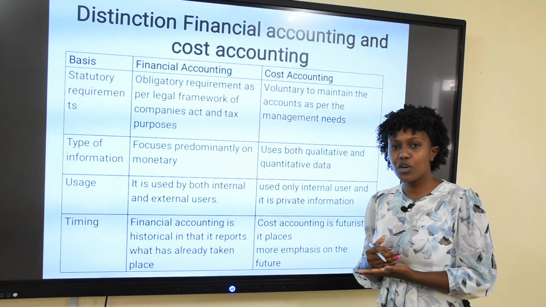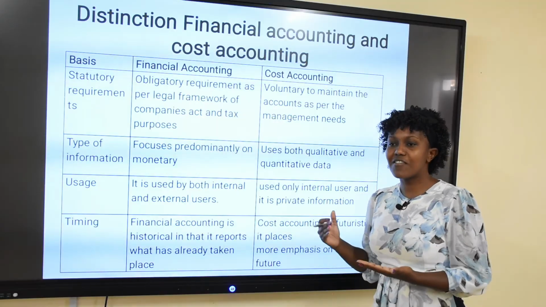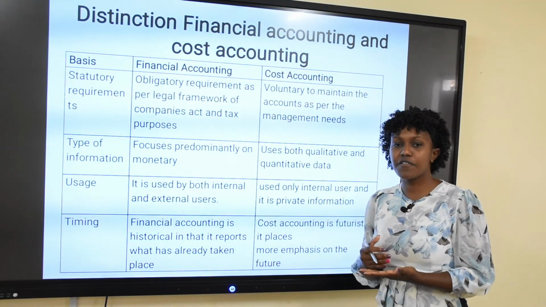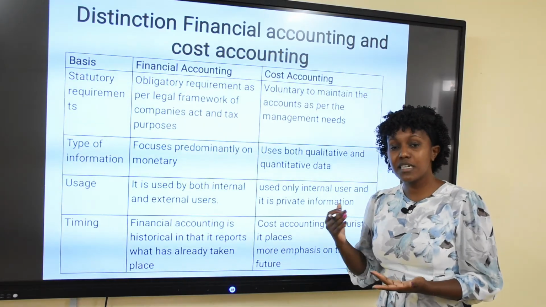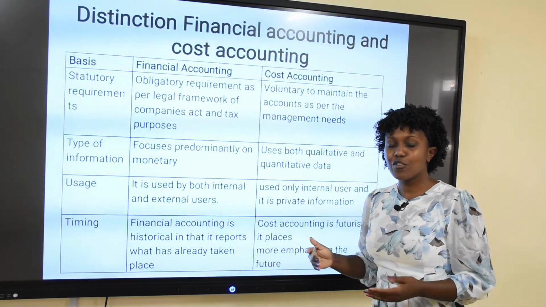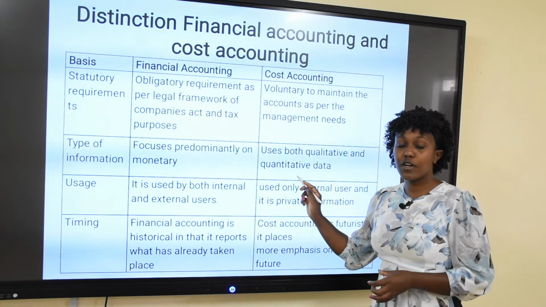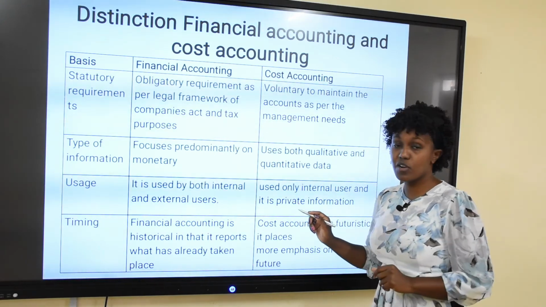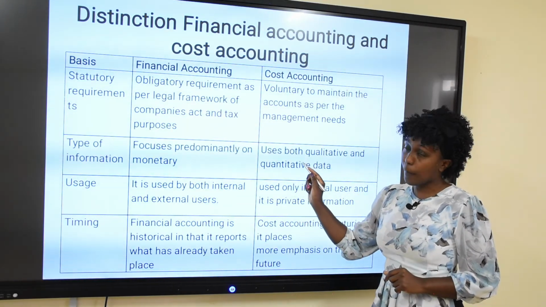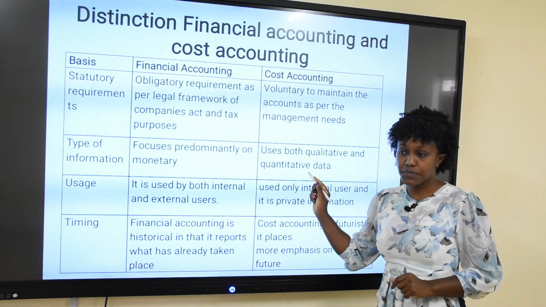Like, if you decide to make the product, do you have the relevant skills? Do you have the idle capacity? Do you have the ability to maintain the product quality? Those are key qualitative characteristics that you will look for while making a decision, for example, whether to make a product or to buy a product, which is something that can be done in cost accounting.